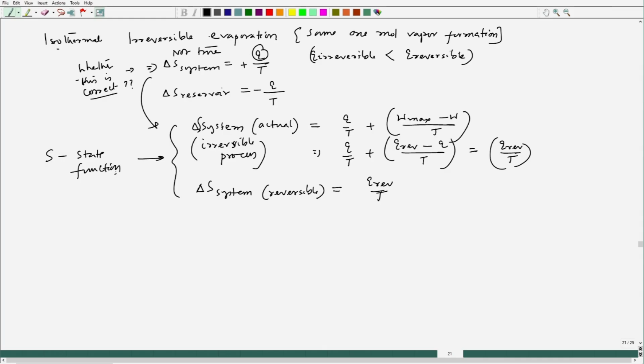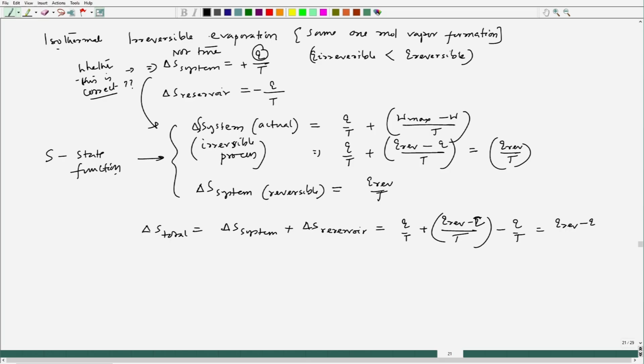Fine. So, once we have this, let us calculate what is the total entropy. It would be equal to del S system plus del S reservoir, equal to Q by T plus Q reversible minus Q by T minus Q by T, which is equal to Q reversible minus Q by T. Fine.